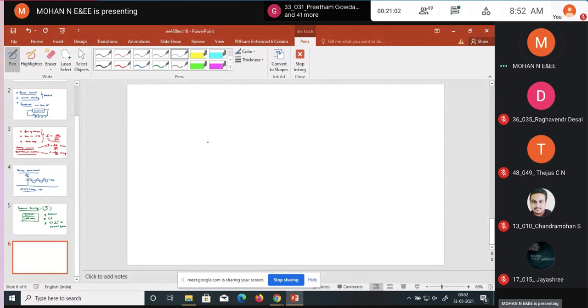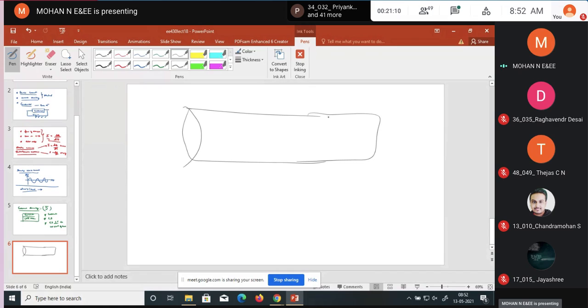Let me assume this as the conductor, and I have some current I flowing like this. I have to choose a small cross section here.